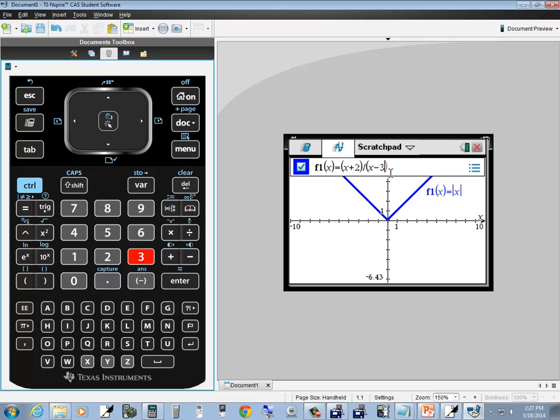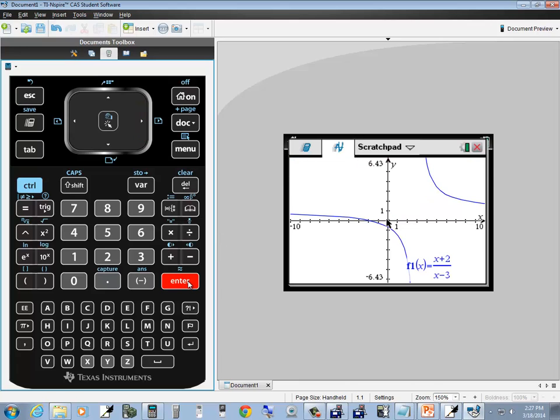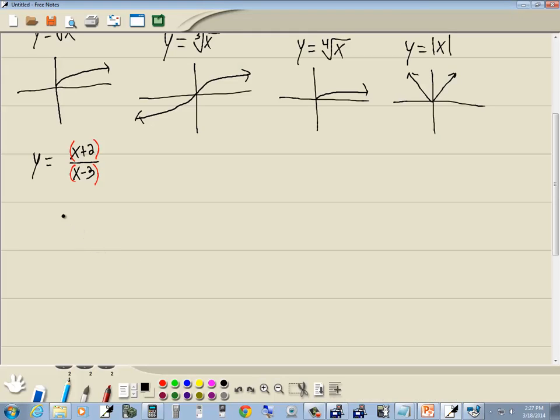Now again, it went ahead and put the closing parentheses here, so I just do a right arrow key to get out of that, and then press enter. And this would be your answer. It should look like that, more or less. I won't spend a lot of time trying to sketch that.